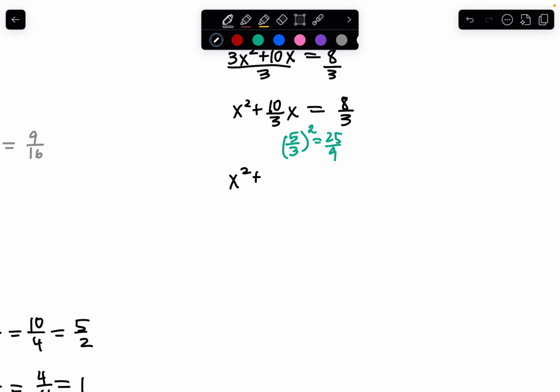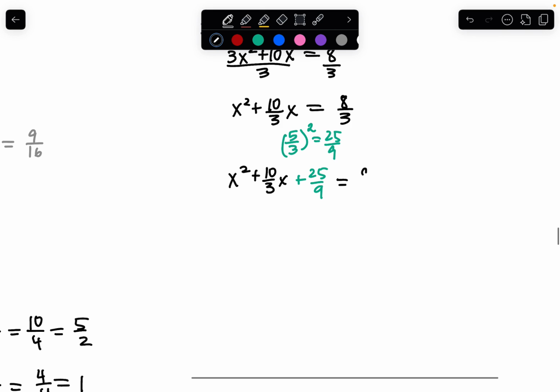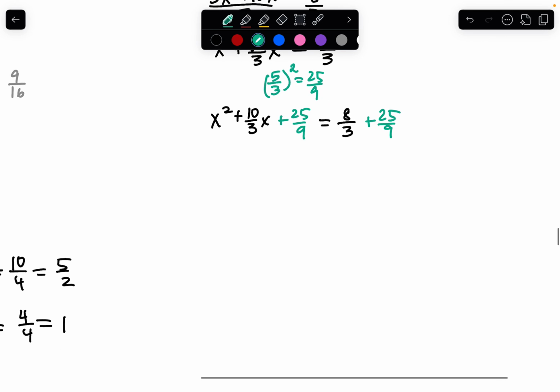And so x squared plus 10/3 x plus the 25/9. And then we have the 8/3 plus the 25/9. You have to add it to both sides, keep it balanced. And then this would factor to the 5/3, squared.